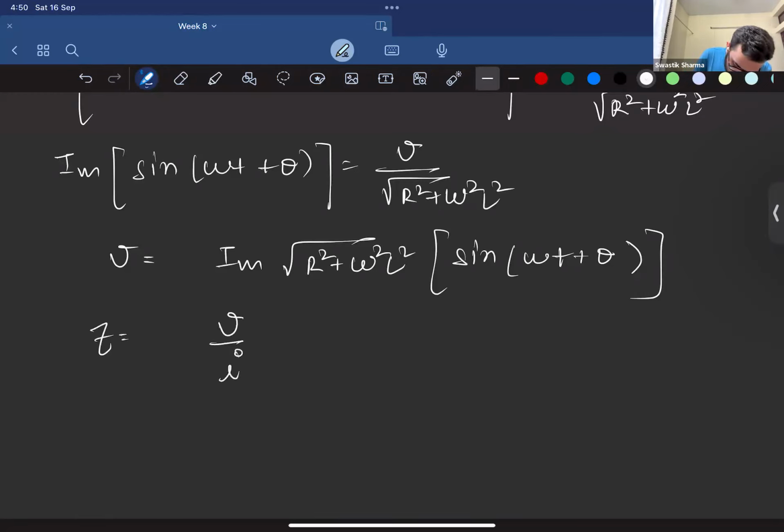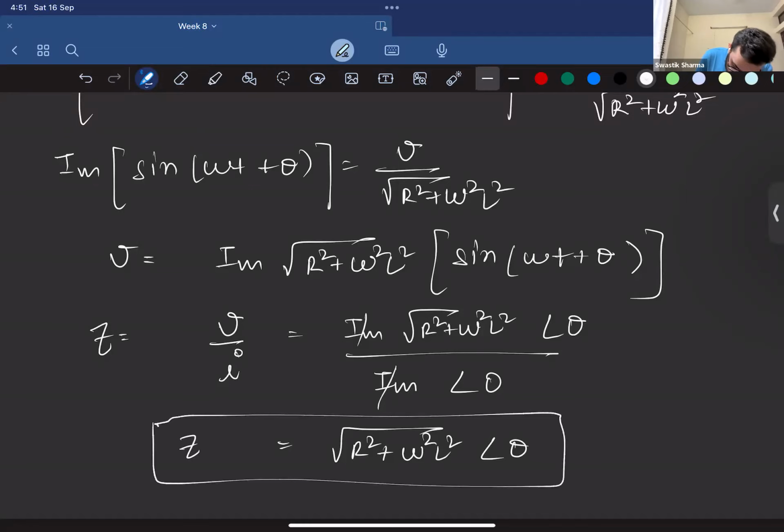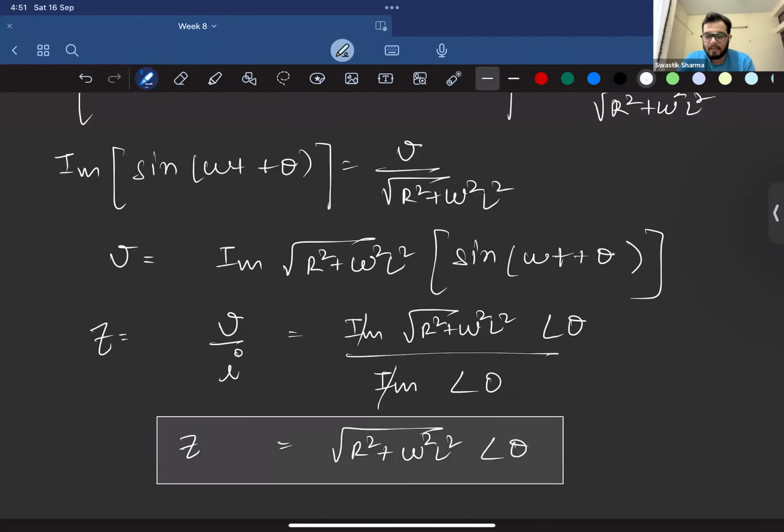V upon I, right? So this would be Im times the square root of R square plus omega square L square, angle theta, divided by Im angle 0. So it comes out to be the square root of R square plus omega square L square, angle theta. That's how the impedance is represented in an RL circuit.